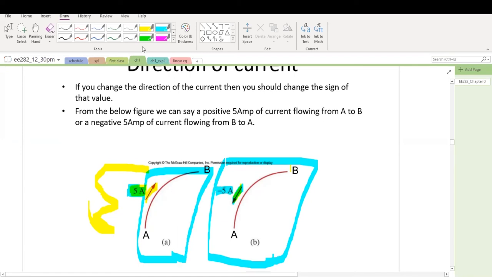Once the quantity has been defined together with the direction, we have the whole picture of the current. So I can define any direction, but you need to define the quantity, and the quantity has a plus sign or minus sign.